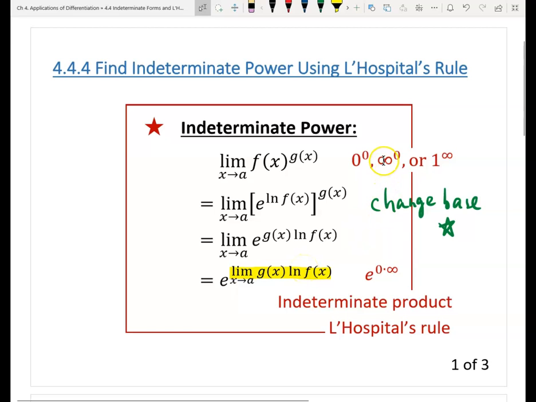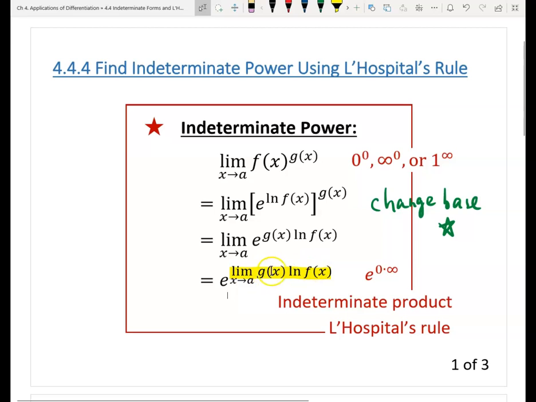The second: if f approaches infinity and g approaches 0, g still approaches 0. If f approaches infinity, ln infinity goes to infinity. What does it mean? We still have 0 times infinity. The last type: if f approaches 1 and g approaches infinity, ln at 1 is 0, so this approaches 0.